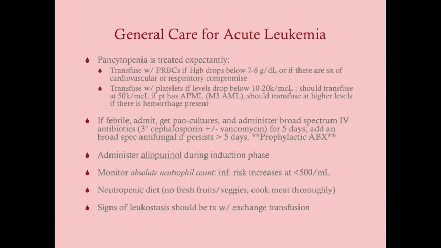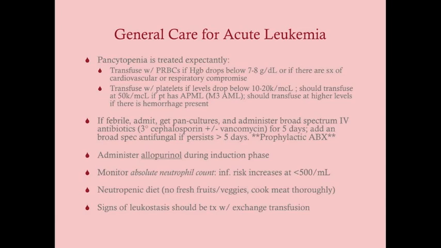So those are the white blood cells that are actually going to fight infection, unlike the leukemic white blood cells. And what you should remember about the ANC is that infection risk is going to increase when the ANC drops below 500 per milliliter, and it's going to dramatically increase when it drops below 100 per milliliter.